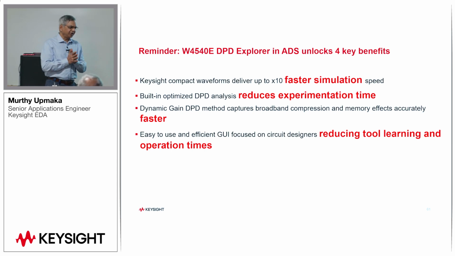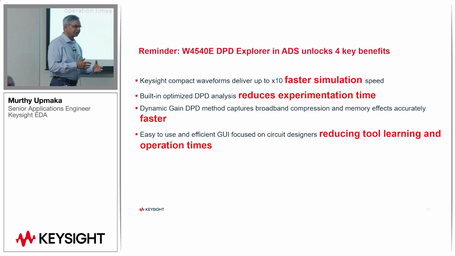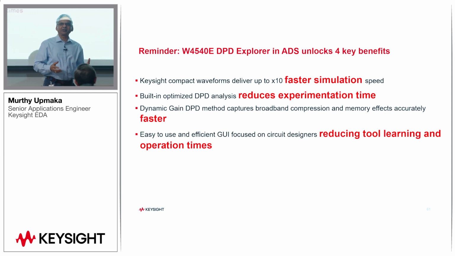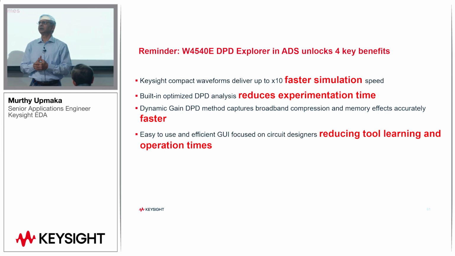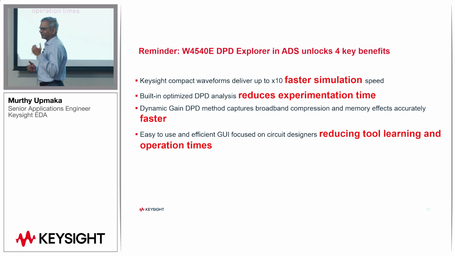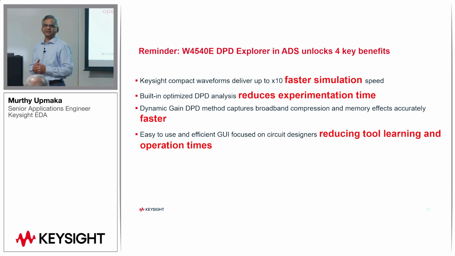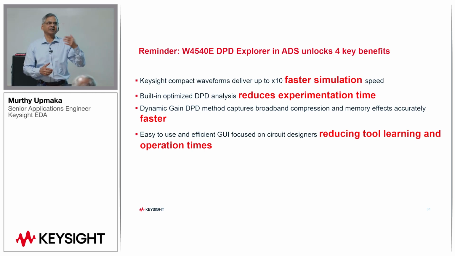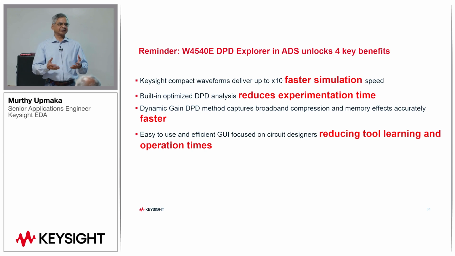Now again, why do you need to have the speed improvements, and is it not like I push a button and then I get a linear amplifier? No. If you were to actually go through the DPD process, you have to do the DPD several times because there are a lot of tweaks you can make. The algorithms are not push button type. There are some knobs in your algorithms that you have to vary, for example, the nonlinear order, the memory order, and the waveform itself, the compact waveform.